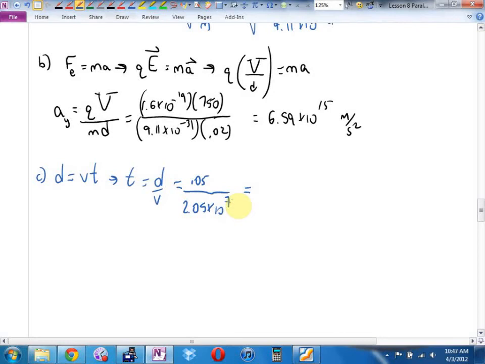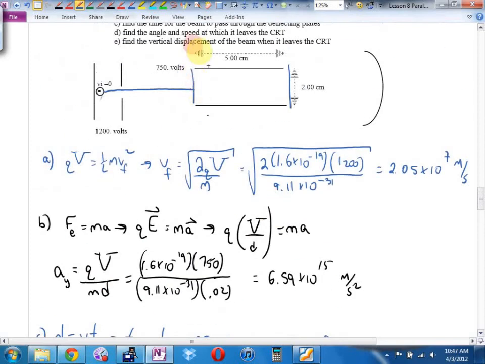2.44 times 10 to the -9. But here's the key. For those 2.44 times 10 to the -9 seconds, it is accelerating upwards as well. In fact, what it's doing is kind of curving. We're going to ignore the curve and just treat it as roughly a straight line, because D says, find the angle and the speed at which it leaves.